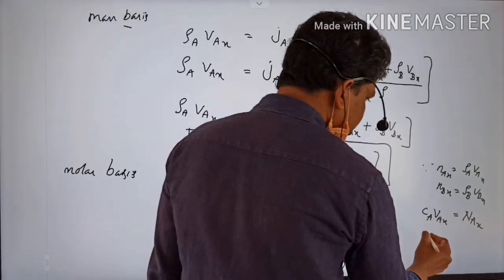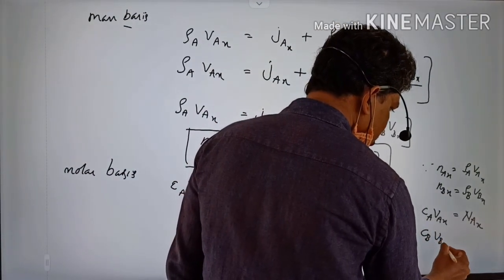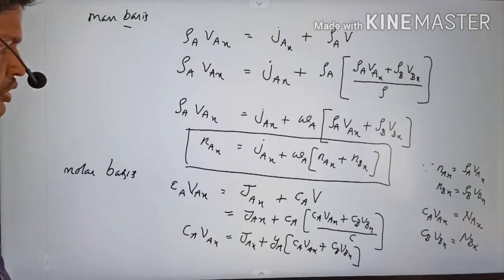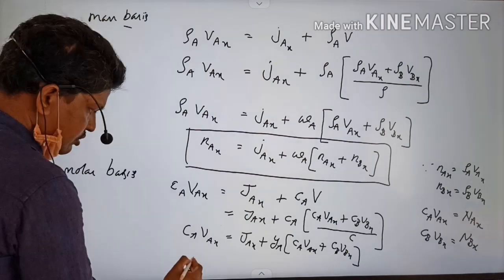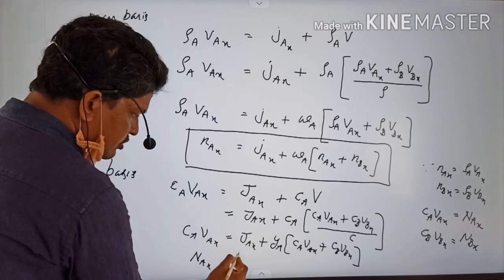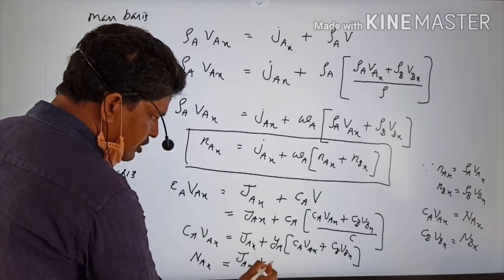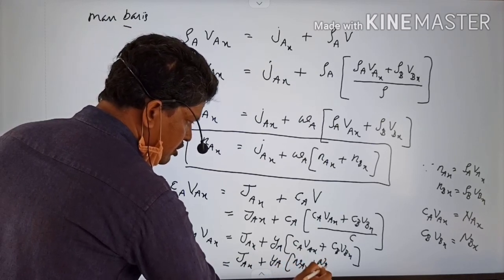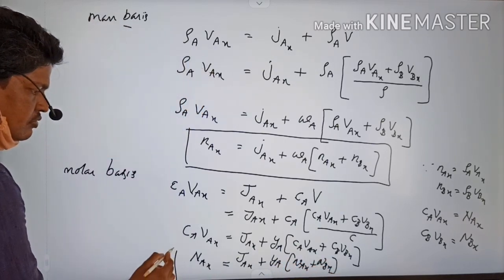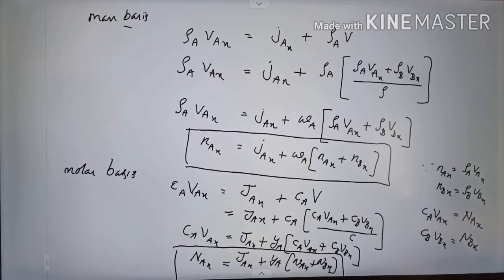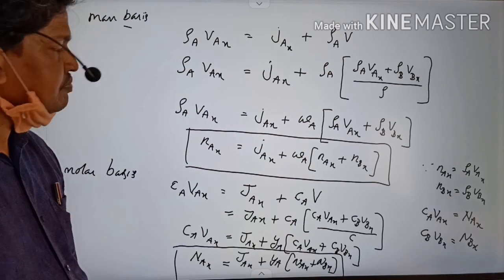Similarly, you can write Cb Vbx is equal to Nbx. So you can write Nax is equal to Jx plus Ya into Nax plus Nbx. So this is the relation between the total flux and diffusion flux.